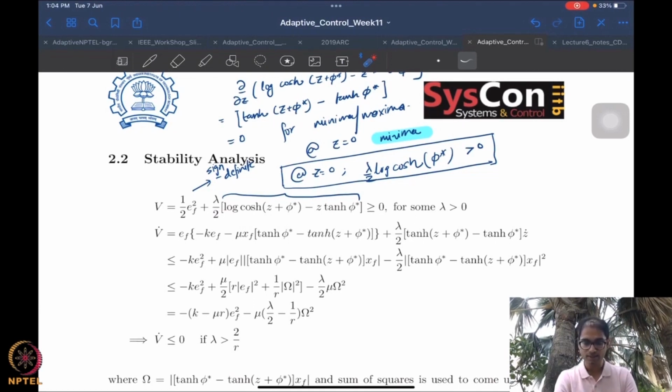So this is essentially what we are trying to say, that this V has a nice lower bound, which is critical for us. So again, this is something I want to verify and stress on.